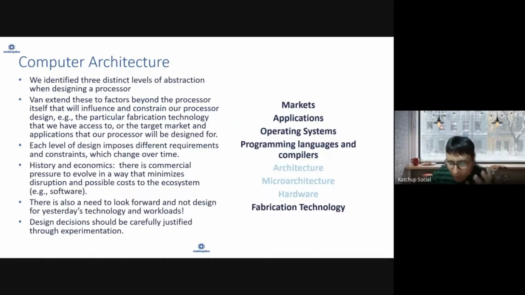Earlier we talked about three levels of abstraction when designing a computer architecture or a processor. Architecture is a kind of contract between software and hardware. Microarchitecture is at a slightly lower level of abstraction, where you go into more detail on how the hardware is implemented, and then the actual hardware, your technology node, the chips, the gates, all that.